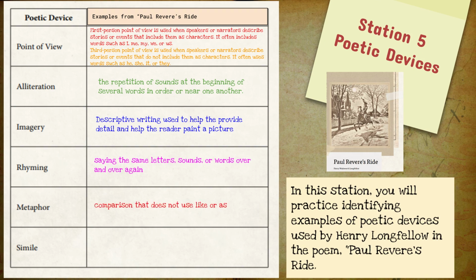We have a metaphor, which is a comparison of 2 things that does not use like or as. And we have a simile, which is a comparison of 2 things that does use the words like or as. You can pause the video here so you have your definitions. In your activity packet, we're going to ask you to pick out one example from Paul Revere's Ride that shows each poetic device.